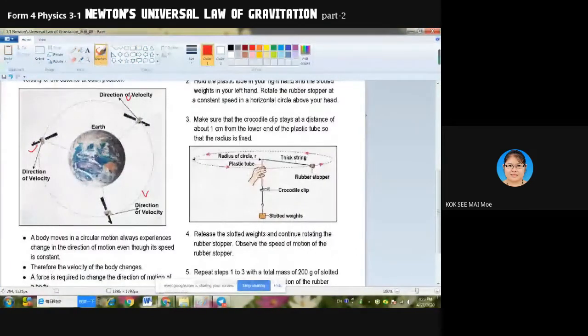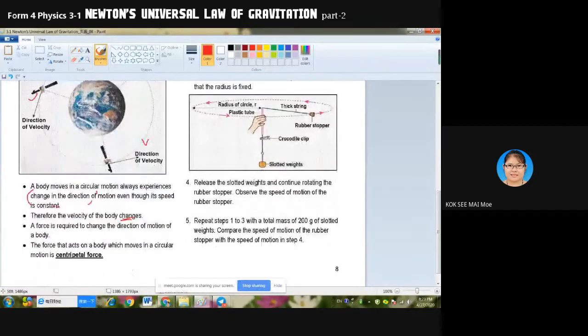Okay, now we continue. A body that moves in circular motion always experiences a change of direction. When it moves, it will change the direction of the motion even though the speed is constant. Therefore, the velocity of the body changes. A force is required to change the direction.